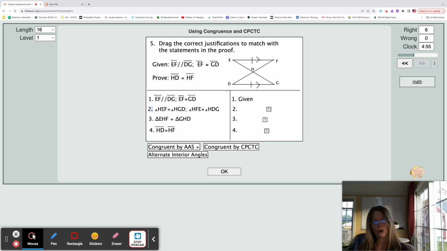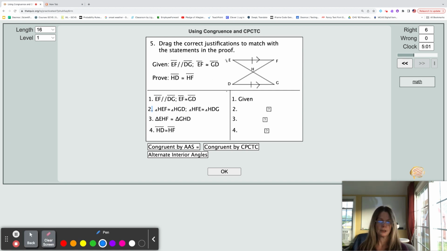We also can state, because these lines are parallel, and let's just remind you that when we have parallel lines like this, and these little arrows indicate that these lines are parallel, we can look at either one of these lines as a transversal. So let's look at this line as a transversal that passes through the two parallel lines.